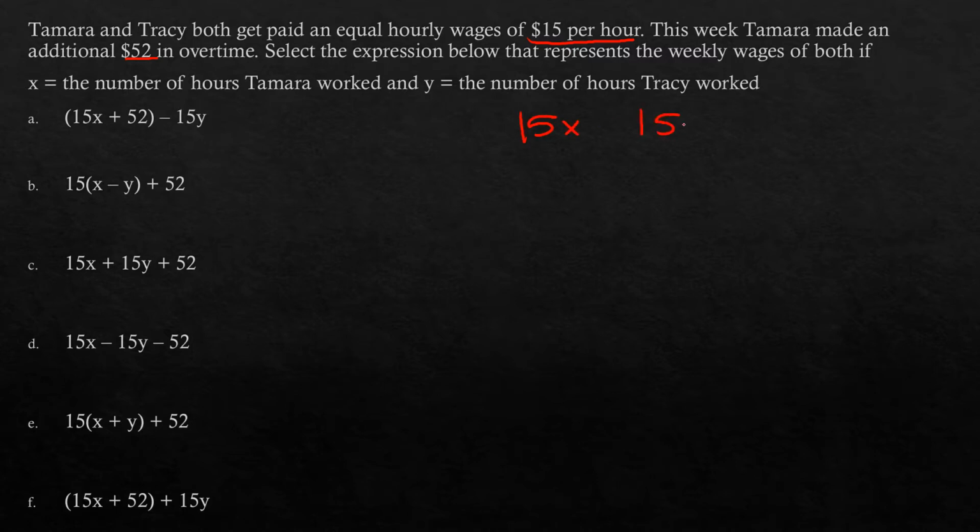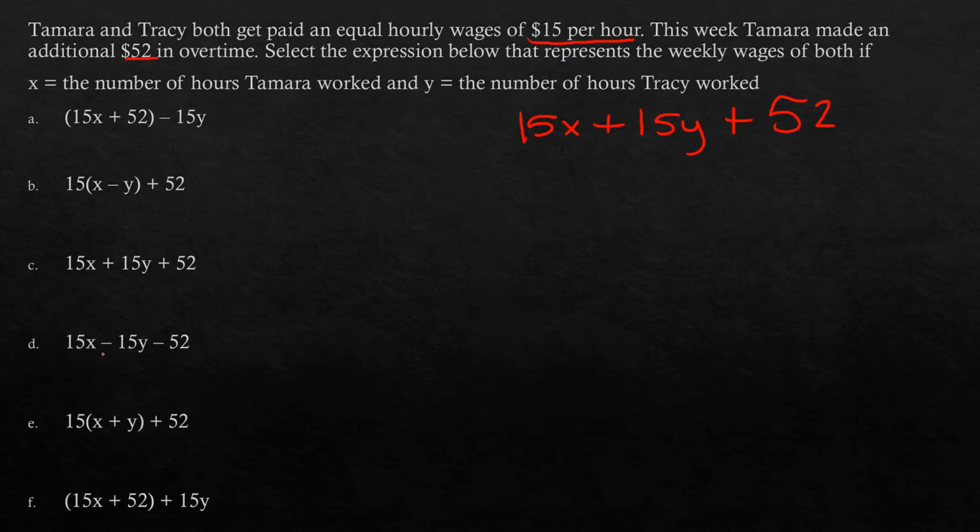So I have 15x and 15y, and Tamara made an extra $52 in overtime. That $52 is adding to however much total money they make. I'm going to add however much money they make together plus this extra $52 that Tamara earned.